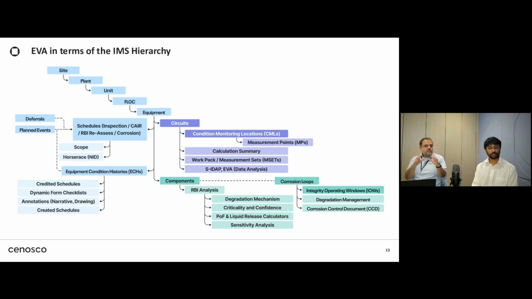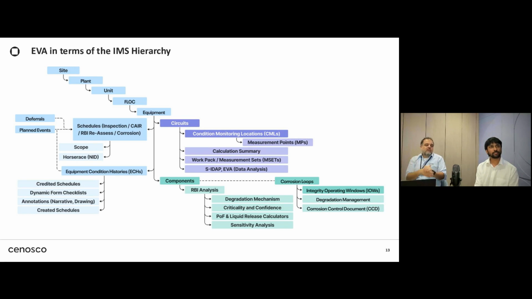In the circuit, we look into how corrosion and thinning happens on piping, on vessels, on columns. In this case, we have a methodology called EVA that looks into the bundles specifically. We have another methodology called SIDAP, for example, that looks primarily at the piping side. Again, another statistical model. So that circuit is the place of the EVA, right?